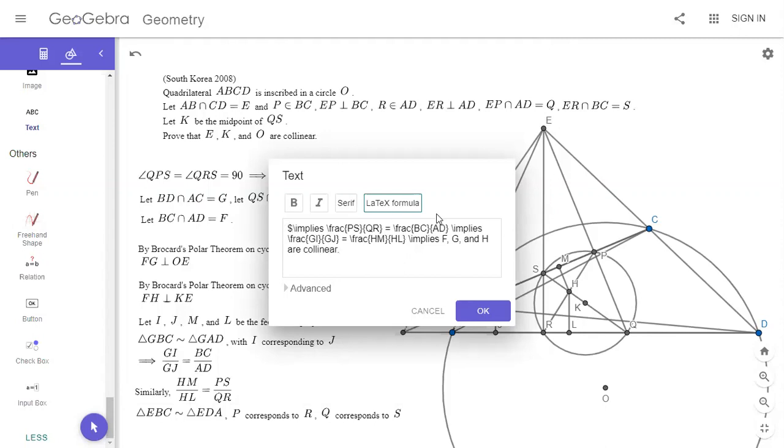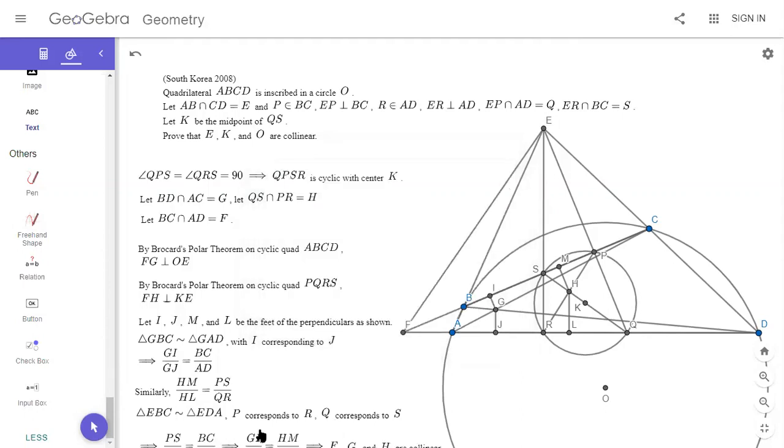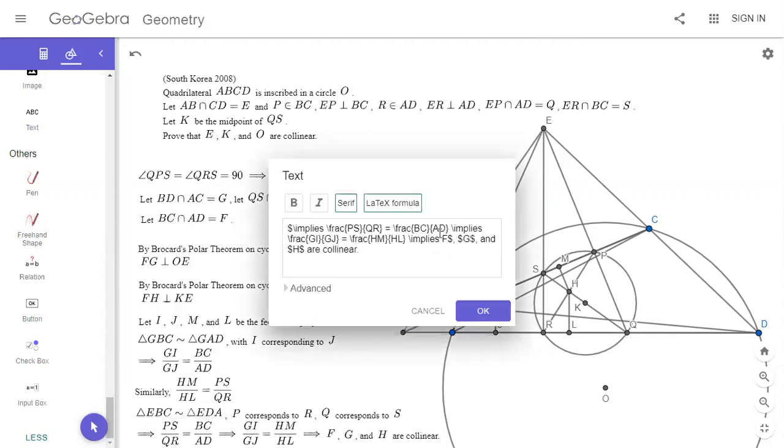All right. So Raffaello, was there like a faster way of thinking about this? And if F, G, and H are collinear, I'll just write it out here. And that means that E, K, and O are collinear.